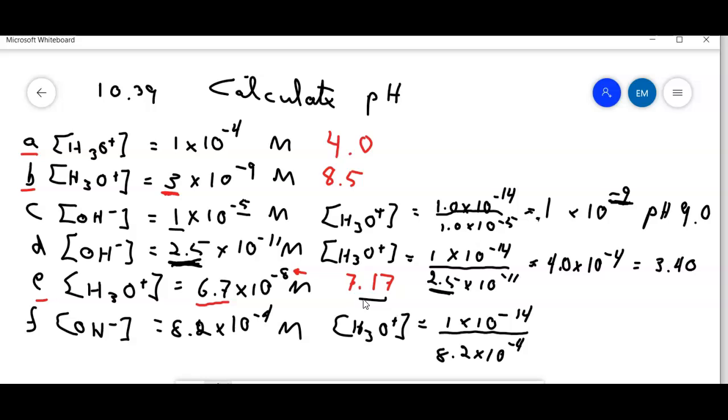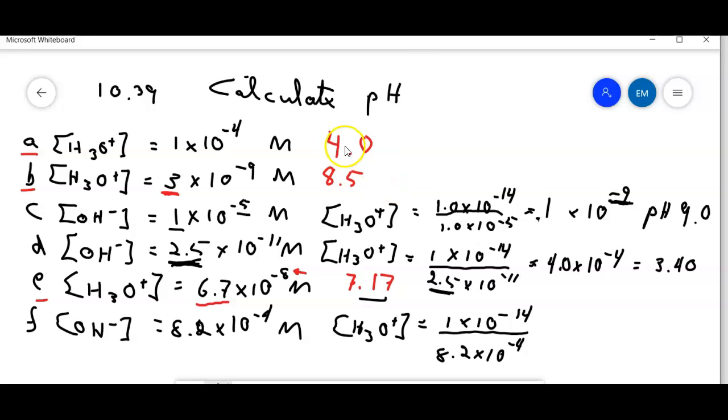Divide by 8.2 times 10 to the minus 4th, and we get... that can't be right. I typed something in wrong. 1e to the minus 14th divided by 8.2e to the minus 4th equals, that makes more sense.